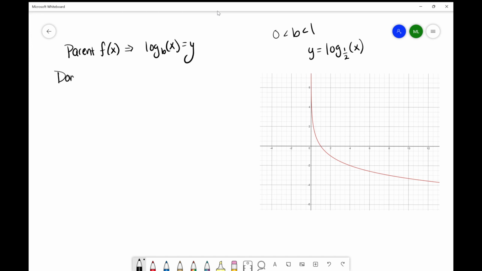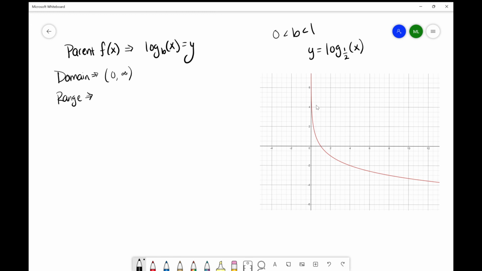Let's start with our domain. Our x values again span from 0 to infinity, not including 0. It's the same as with log base 10. Now let's see our range values.